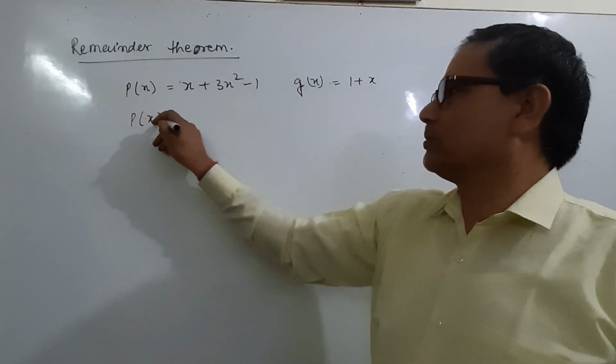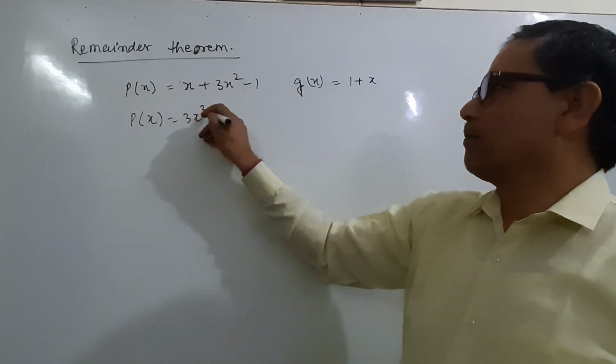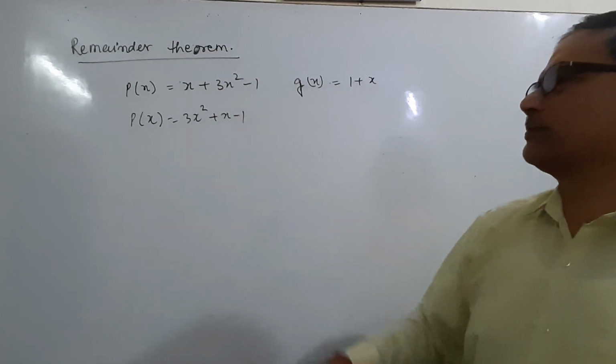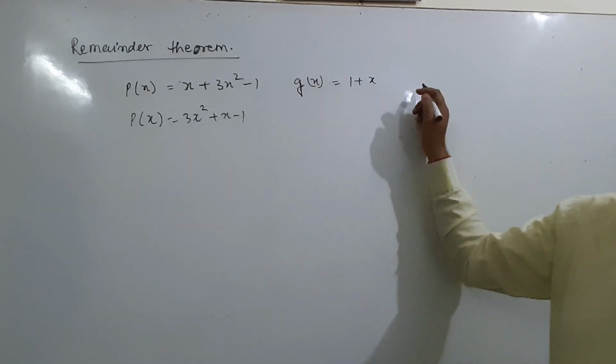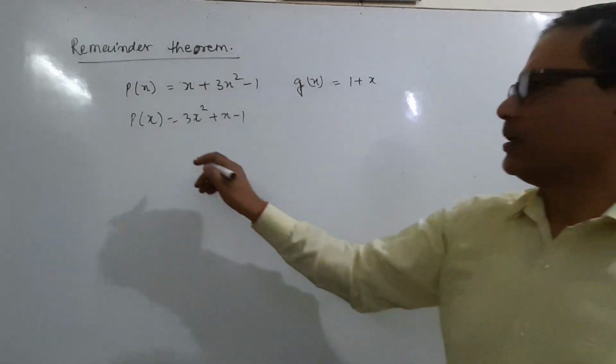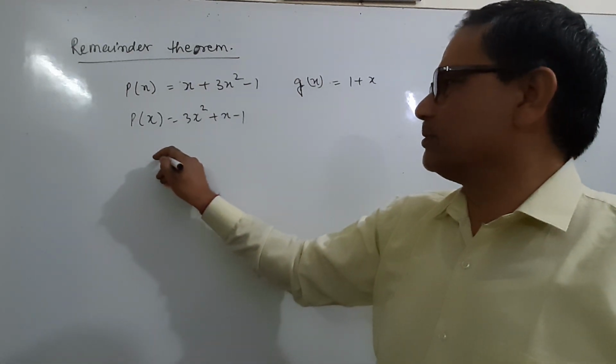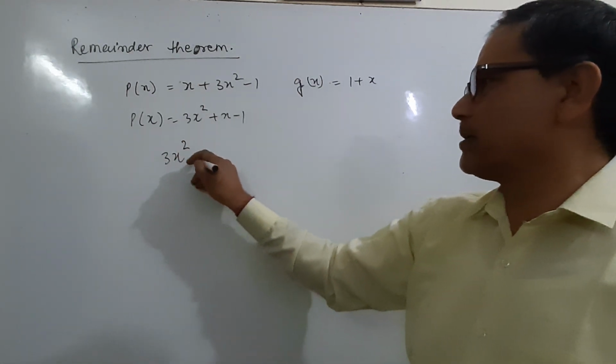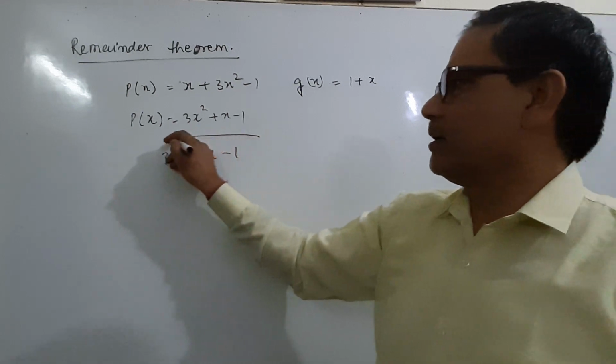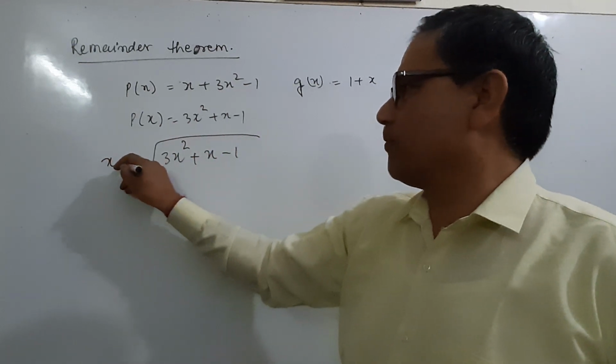p(x) is equal to 3x square plus x minus 1 and g(x) is the same. Please listen carefully. Now we have to divide 3x square plus x minus 1 by x plus 1.